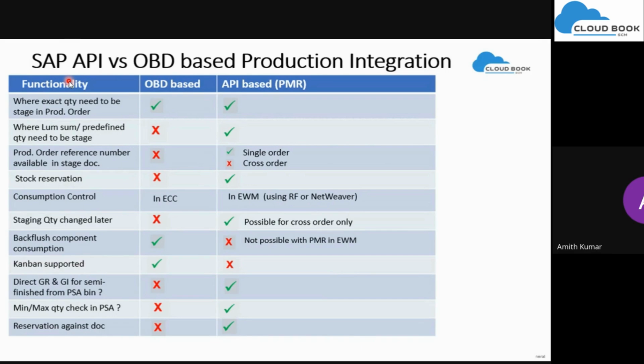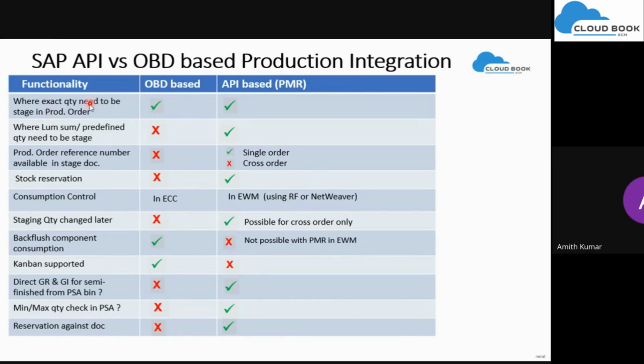But we have just tried to simplify things. So in this particular picture, we are trying to highlight which process or functionality is available in API based and which is available in delivery based, or which is not available in delivery based. For example, where the exact quantity needs to be staged in the production order, right?